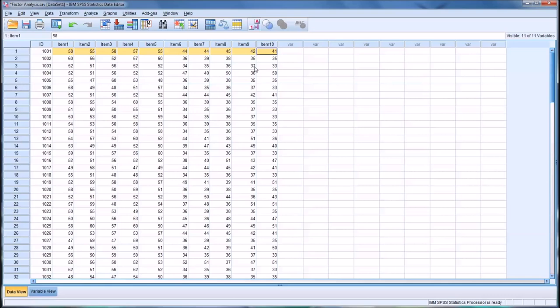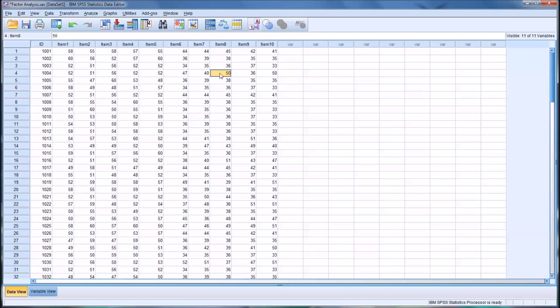And let's just say that this assessment was designed to measure two constructs. One, depression, and items 1 through 5 were designed to assess depressive symptoms, and the other, anxiety, and that would be items 6 through 10 were designed to measure anxiety.